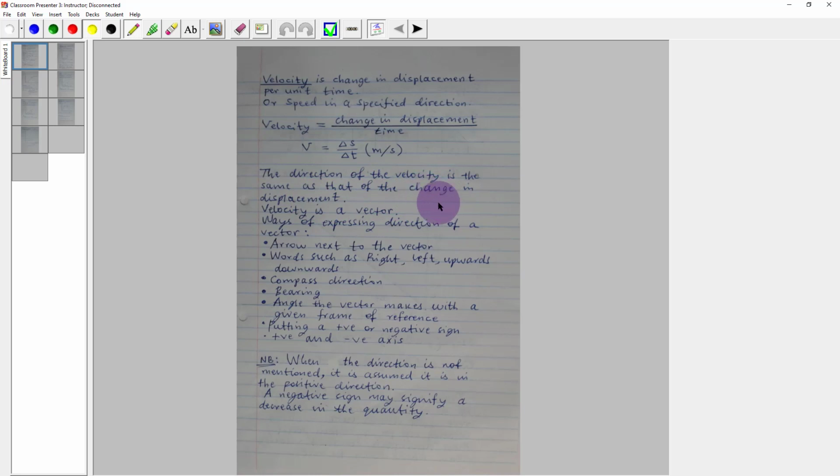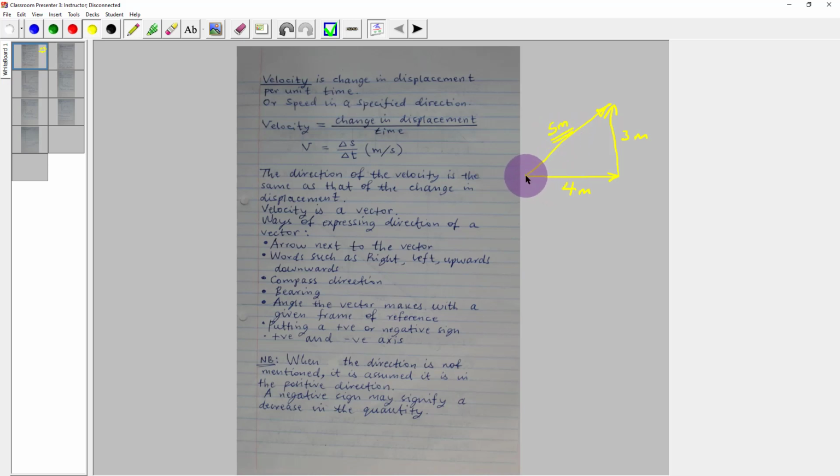So when you get the change in displacement, for example, when you have an object moving in this direction like this, maybe it covers a distance of 4 meters to the right, 3 meters this way. The total distance will be 7 meters, but the displacement is this way, which is 5 meters.